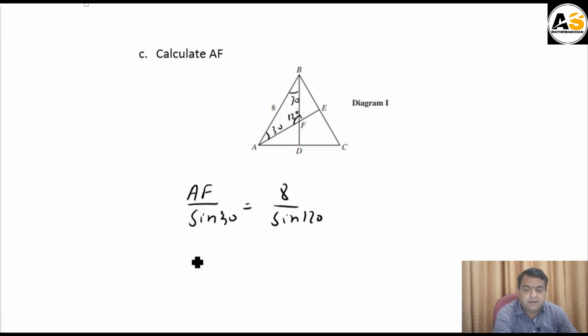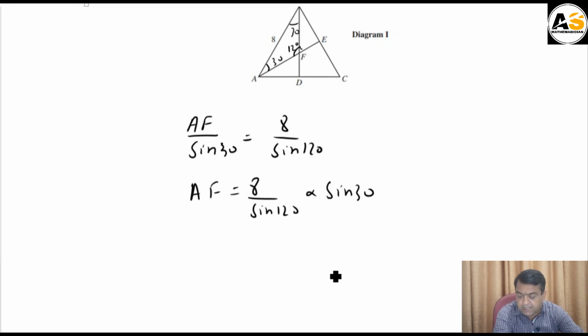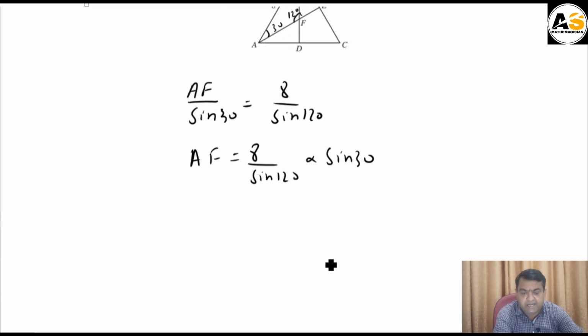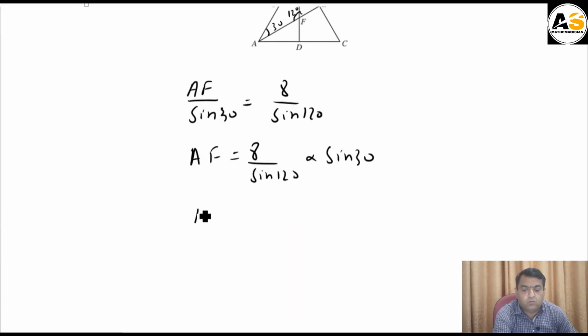And from here, AF is equal to 8 over sine 120 into sine 30. With the help of a calculator, I can find the value of AF. This will be 4.62 centimeters. I hope this is clear.